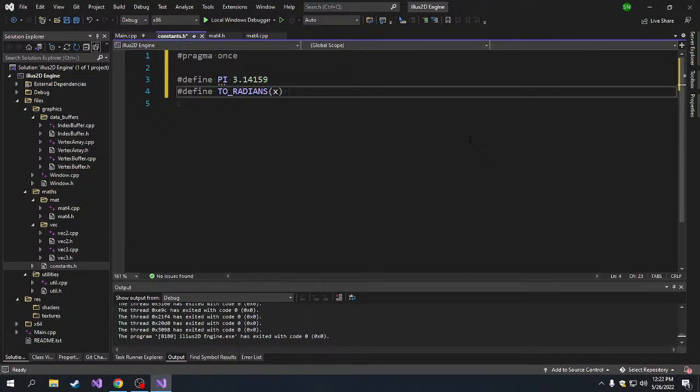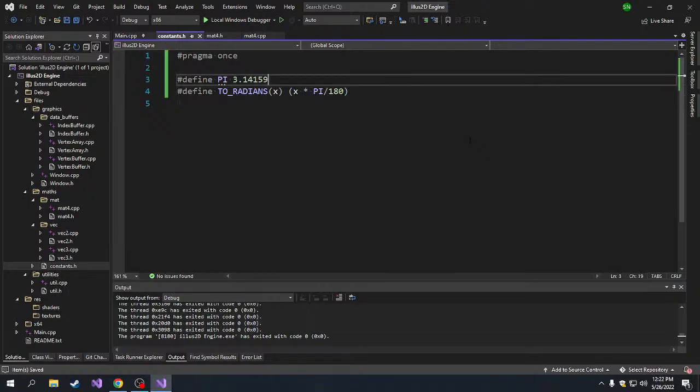What we'll do is x times pi over 180. So this is our little macro that's going to convert the degrees into radians. Okay, cool.